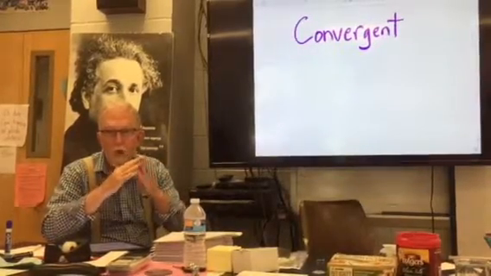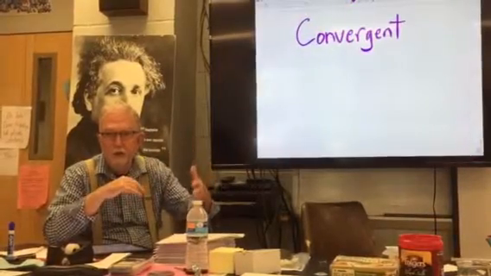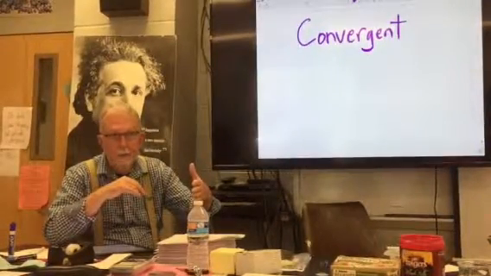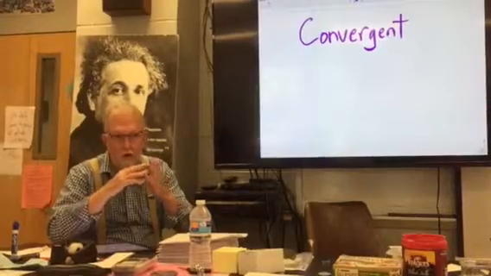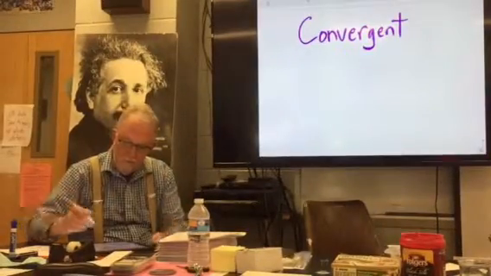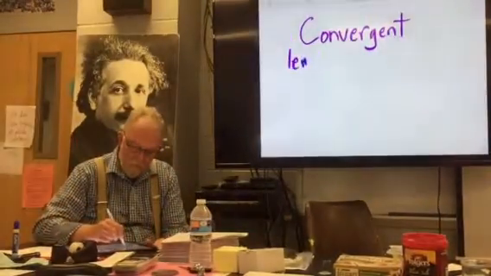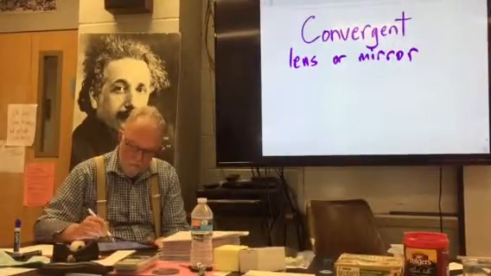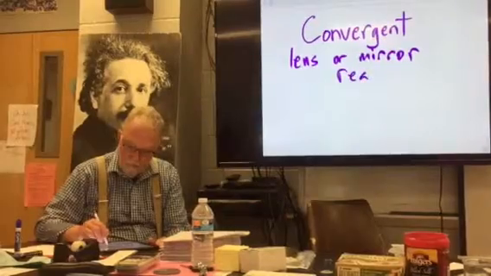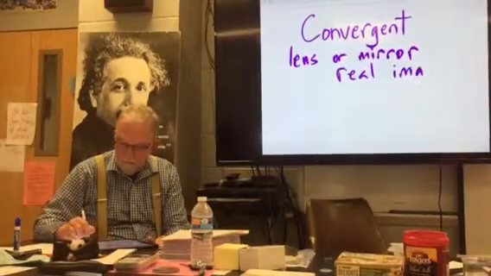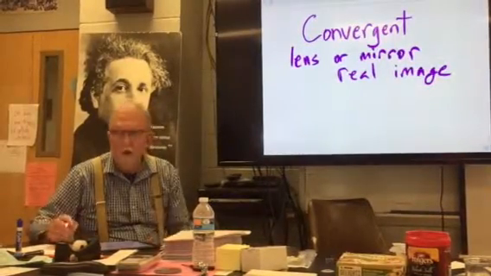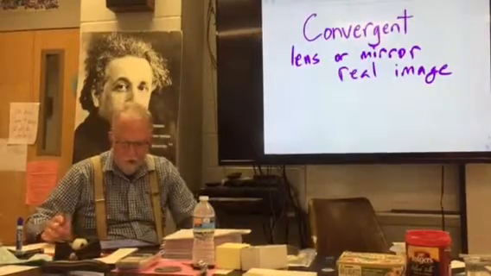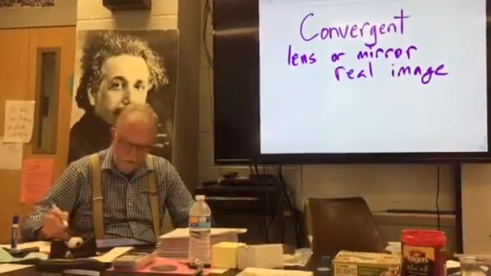An image will be produced on a screen. You can actually see it. Okay? In a convergent lens or mirror, you get a real image because the rays come together.